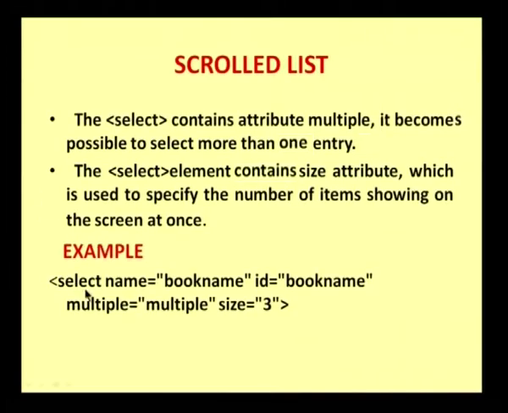The tag used here is select, name is the name of the list, and then the ID. Many scroll lists can be present, so we can differentiate them with ID. This is a scroll list which displays the book name, and multiple. What does this attribute indicate? We want to select more than one item from the scroll list, and the size of the list, how many items should be displayed, should be specified.